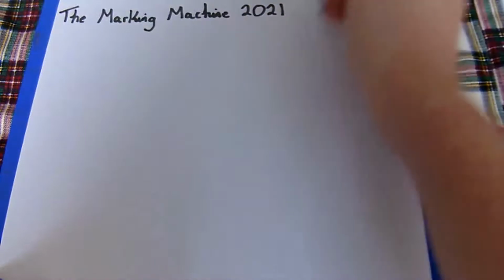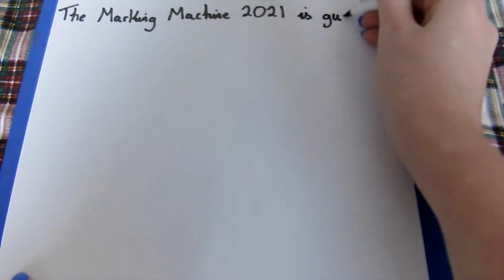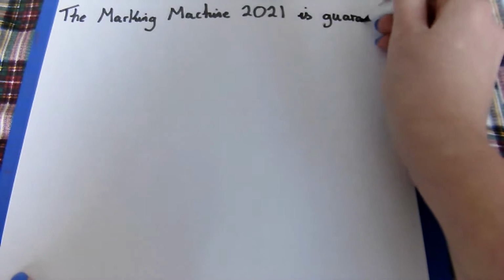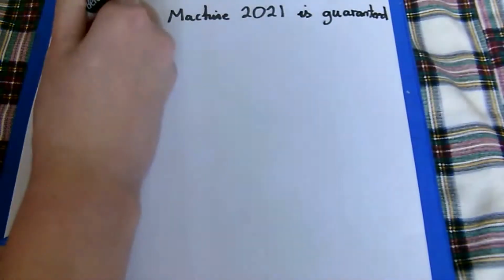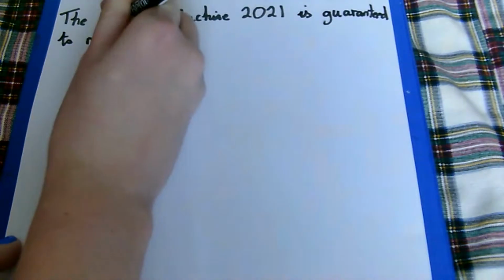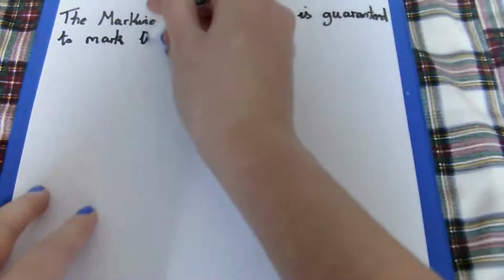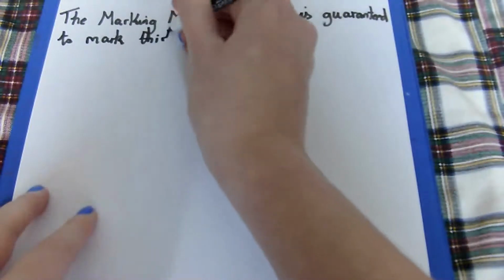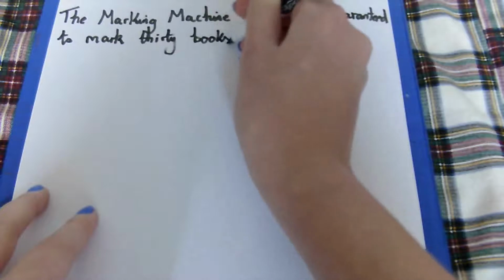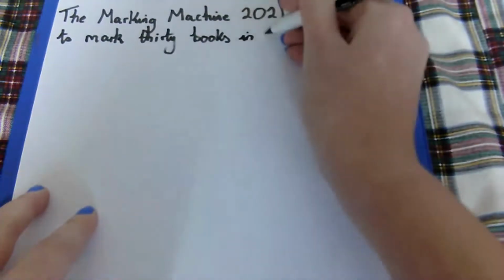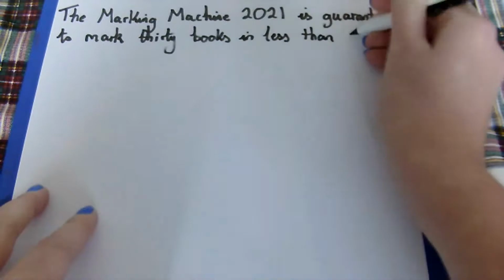The Marking Machine 2021 is guaranteed to mark 30 books in less than 2 minutes.